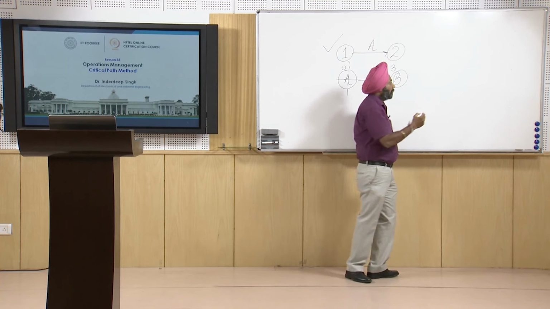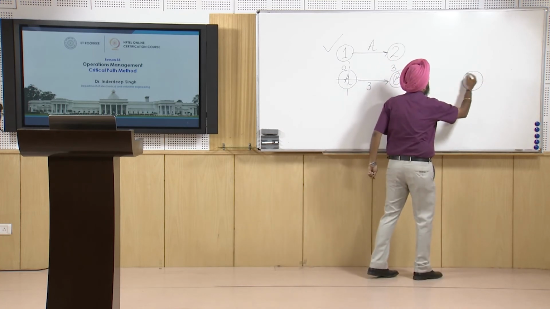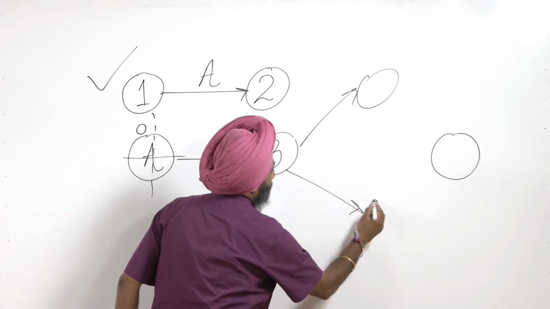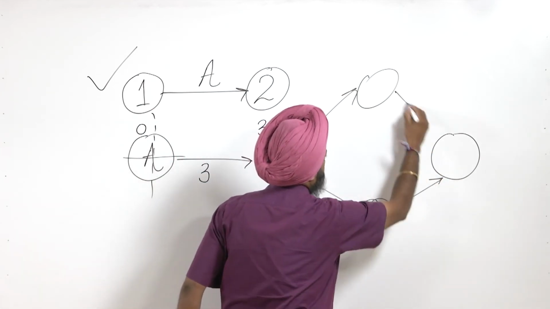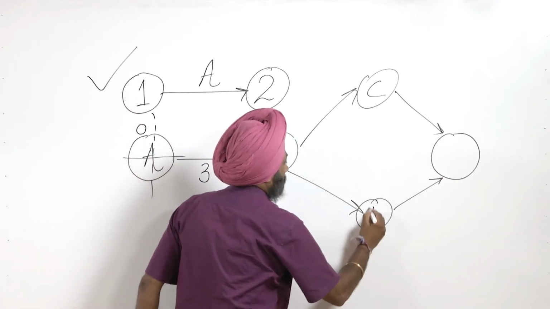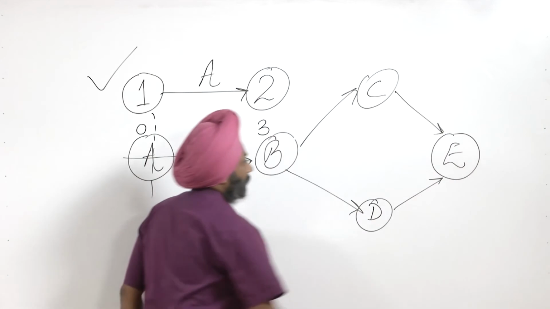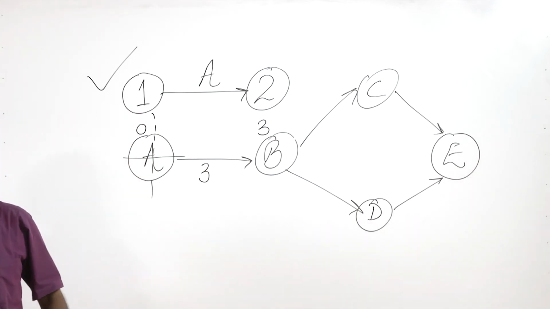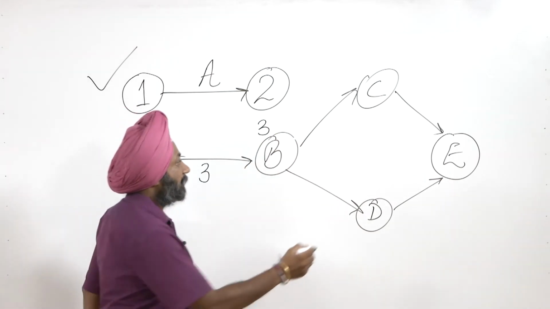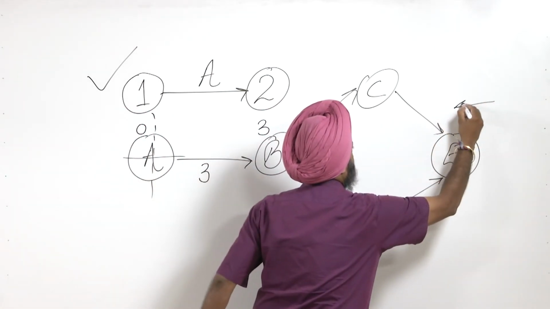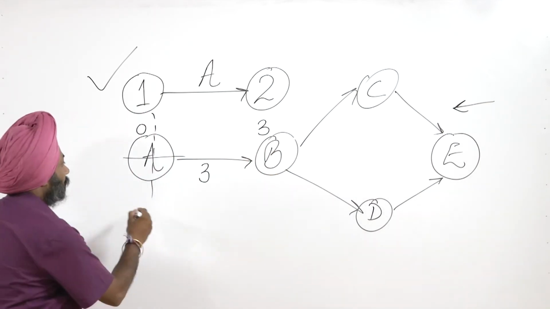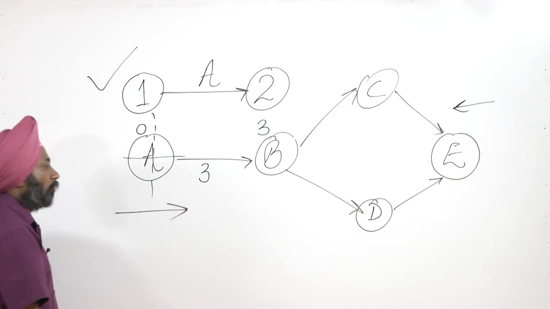Now suppose this is my end node and there are two other activities here. So A, B, C, D and E. Now suppose this is the complete network. For calculating when B can start at the latest, we will start our calculation in the backward direction, and for the earliest time when B can start, we will do the calculations in the forward pass direction.